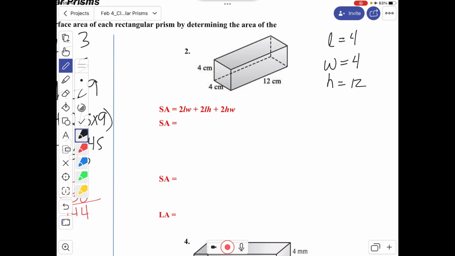12. You're going to leave off this bottom part here, which is one of the 4 by 12s. So when you write out your formula to find the lateral, you're going to leave off 4 by 12.